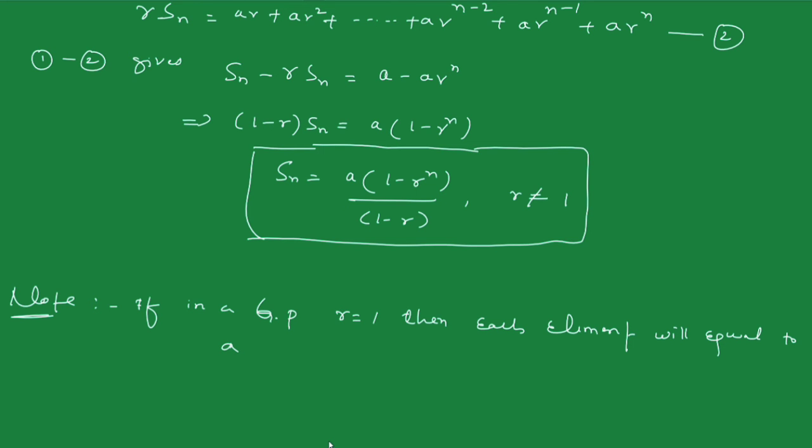If r equals 1, each element is equal to what? a. So therefore Sn equals n a. Sn equals n times a, right?